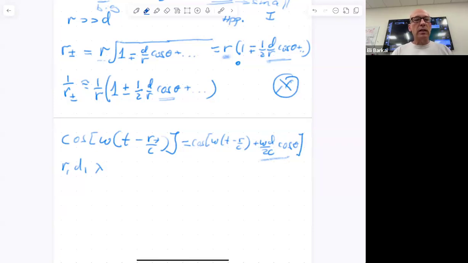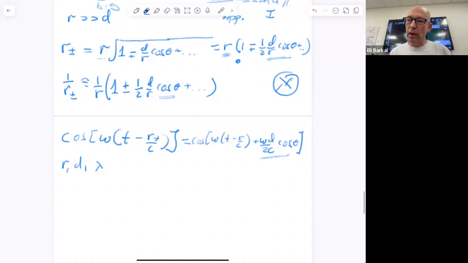And then if I know the distance, at least to the observer, I can immediately say, is lambda much smaller than r or not? Of course, r is going to be much bigger than lambda. That's large distances. So r is much bigger than lambda, which is much bigger than d? The question is, what is the relation between lambda and d?